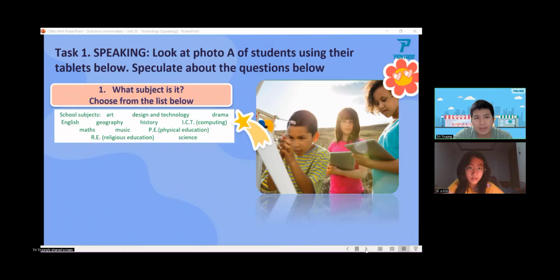What is it? Design and technology or science? Yeah, 50-50%. I think it's also like design and technology, but it can also have a chance of being a science subject. The answer here is science.